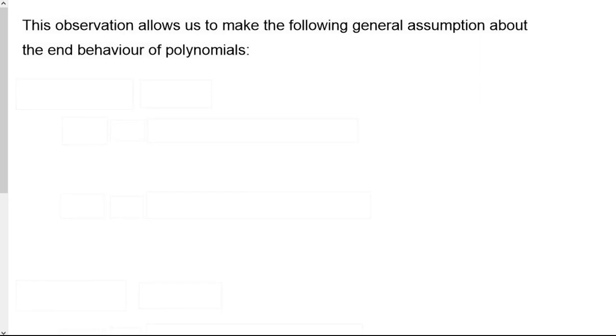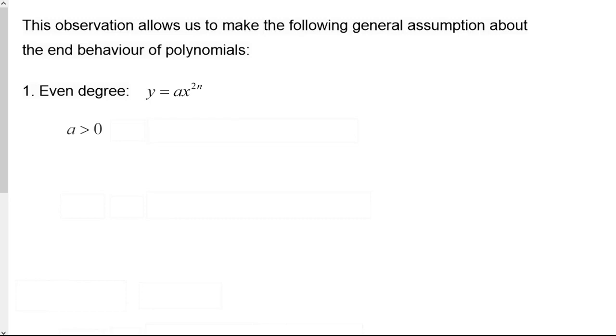Now this observation allows us to make the following general assumption about the end behavior of polynomials. If it's even degree, you can write it as y equals a times x to the 2n power, so n could be any value. If you multiply it by 2, you're making it an even number. Now, if a is greater than 0, that's important because, if the leading term coefficient's positive, a parabola opens upward.